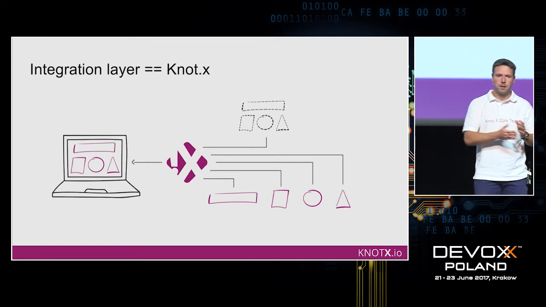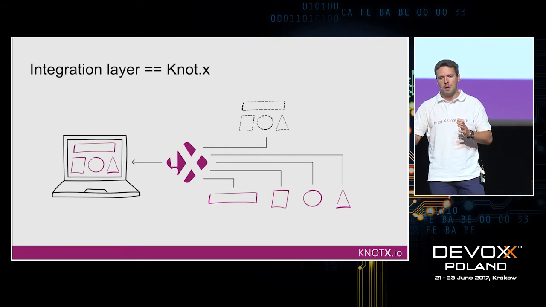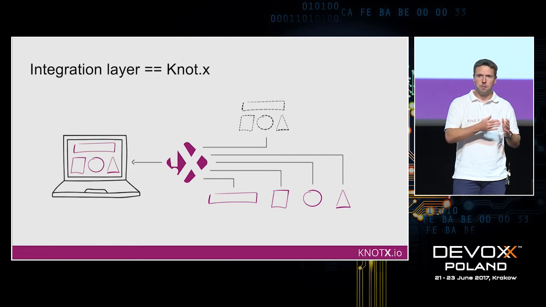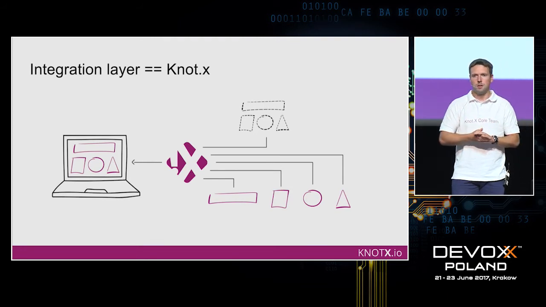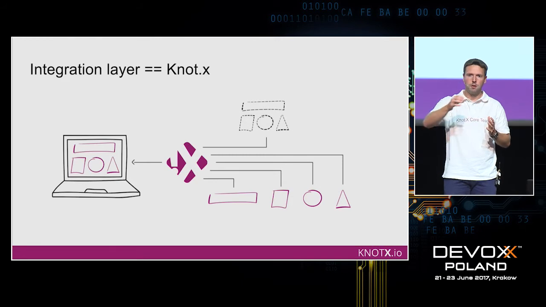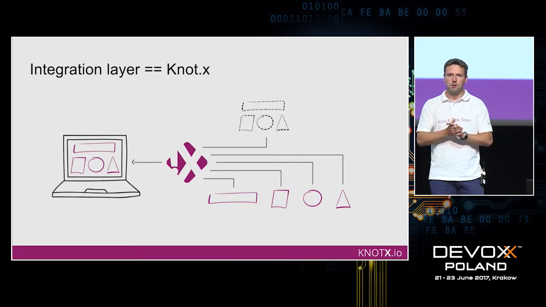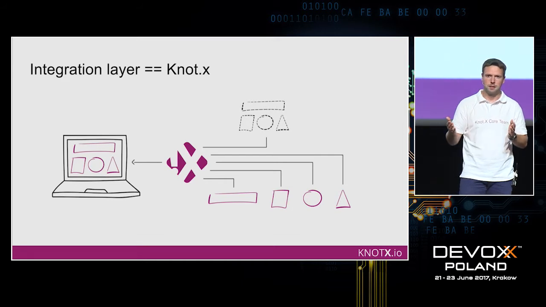So coming back to our example, we use CMS to tell how our page will look like, and we shape our dynamic data into nice-looking components. So Knot.x fetches data from CMS. It's a static page. Then it collects all data from components and generates a final markup which contains both static and dynamic data.